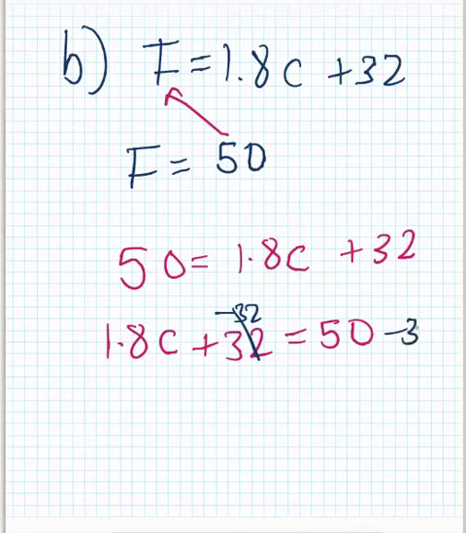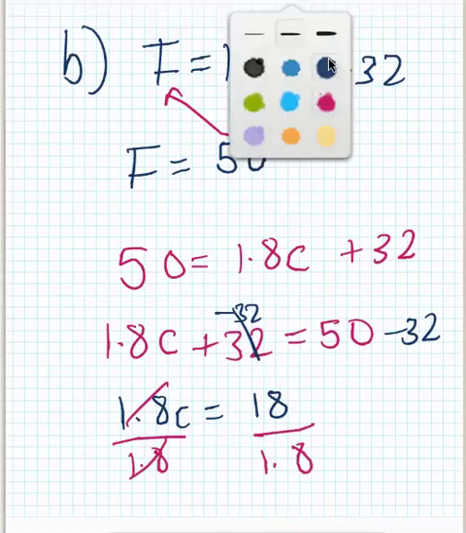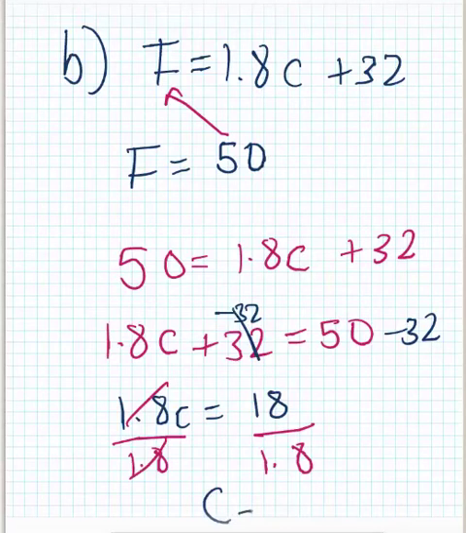So 1.8C will equal 18. And the last step is divide by 1.8. Remember, a decimal is just a number. Divide by 1.8, and 18 divided by 1.8 should give you 10. And that's it. Okay, so if Americans say it's 50 degrees Fahrenheit, our temperature would be 10 degrees.